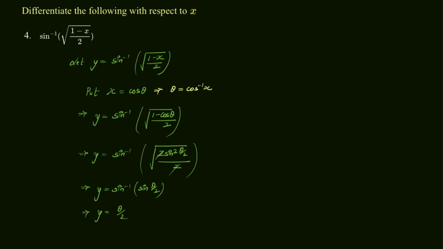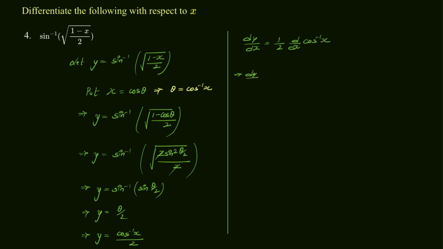This is actually, we are operating both sides by cos inverse function. So now let us replace the value of theta, then we will have theta equals cos inverse of x by 2. Now we will differentiate both sides with respect to x, then we will have dy over dx equals half ddx of cos inverse of x.